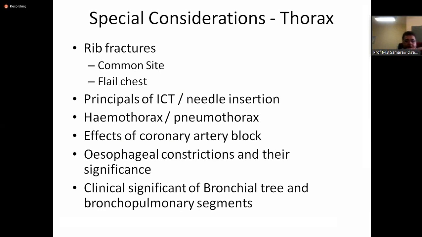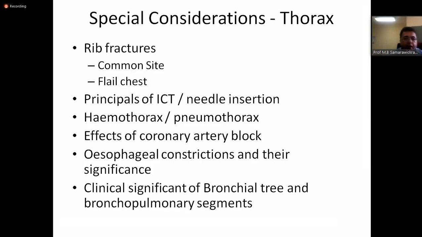When there are multiple rib fractures at two sites, the fractured segment acts as a valve, or it creates paradoxical movement. That means that the free segment moves in when you inspire and moves out when you expire. That results in ineffective breathing.